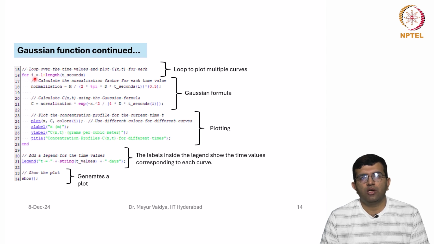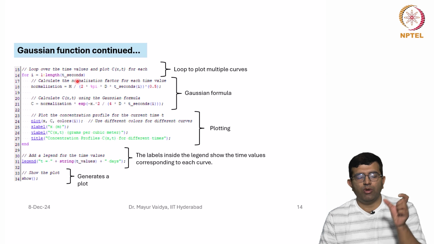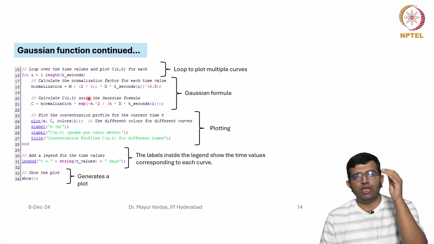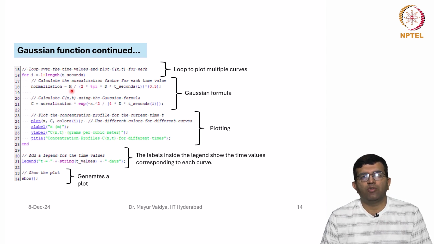So you can see here, for i is equal to 1 to the length of t, that means how many t values we have given. For each t, this formula will be executed, M by 2 root pi Dt, to the power of half basically, and then using this you will calculate c is equal to this whole thing multiplied by exponential of minus x square divided by 4Dt.